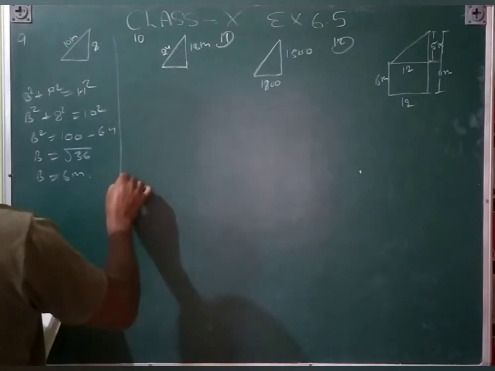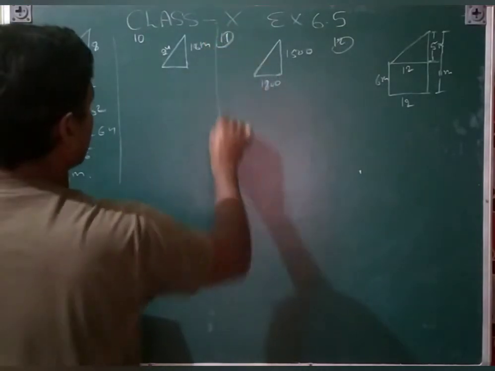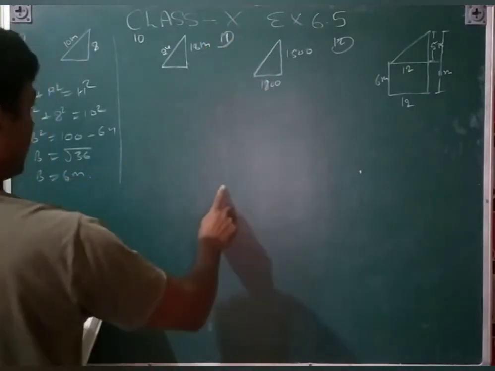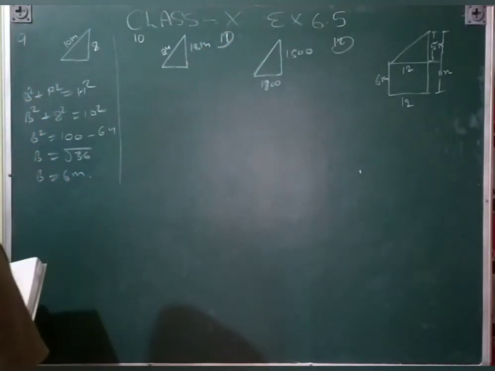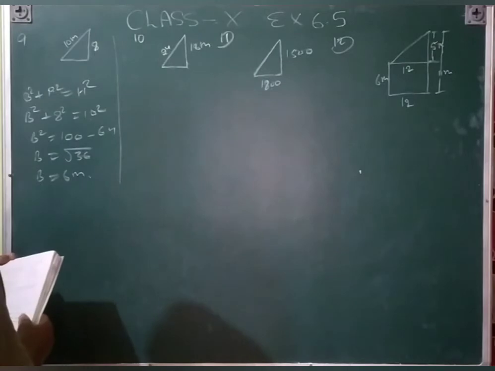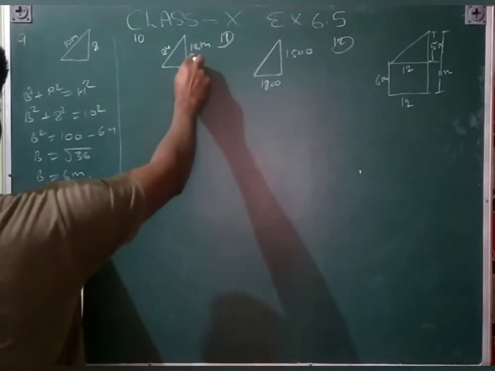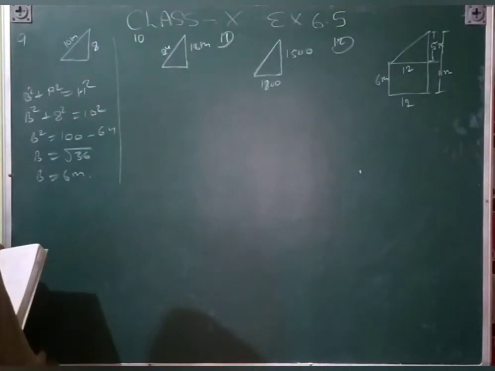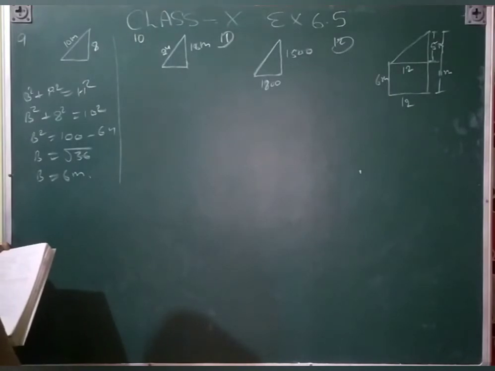And then question number 10: a guy wire is attached to a vertical pole of height 18 meter. The wire is 24 meter long and has a stake attached to the other end.